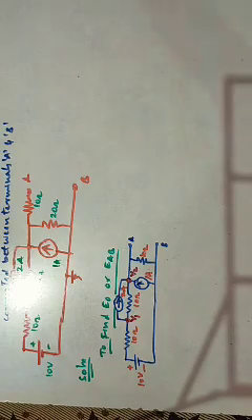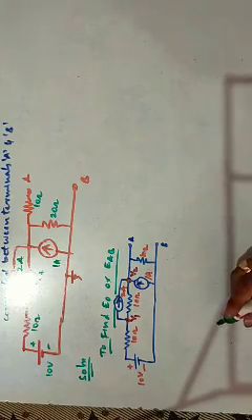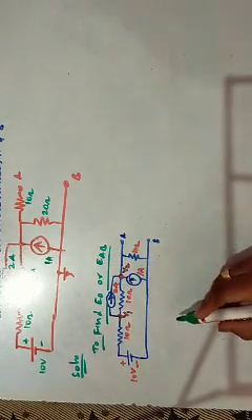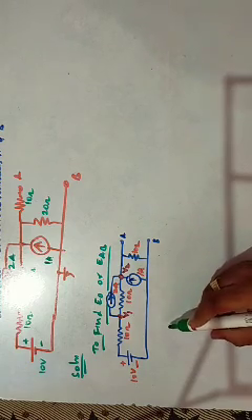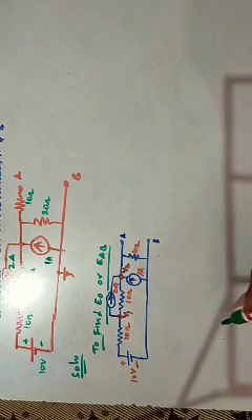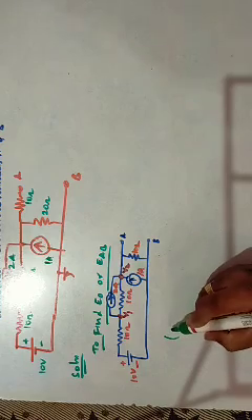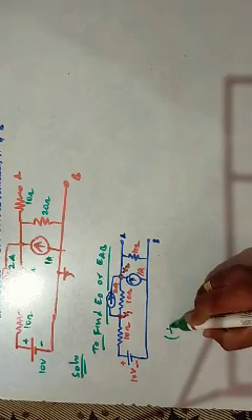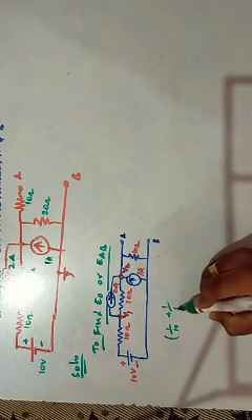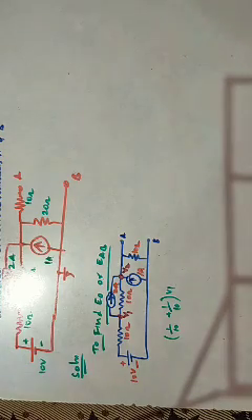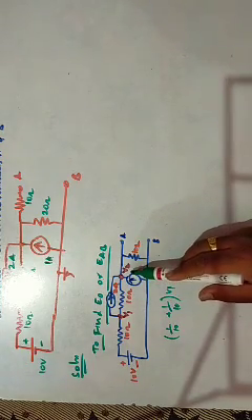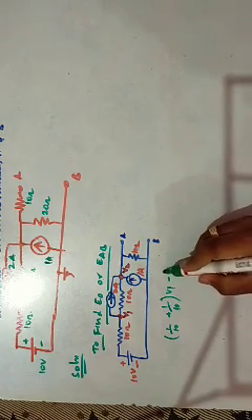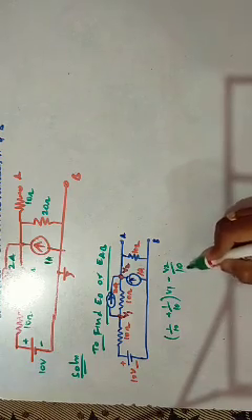So node voltage equation, equation 1 for node 1. I can write for node 1, both two 10 ohms are connected. So I'll write this as 1 by 10 plus 1 by 10 into V1. And this 10 ohm is also connected to node 2, so minus V2 by 10.